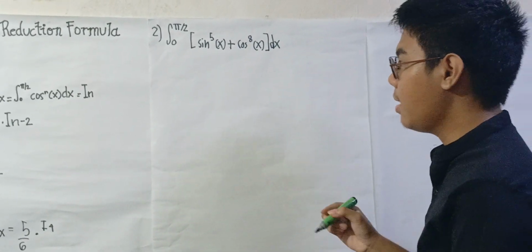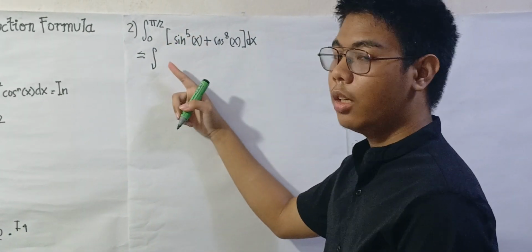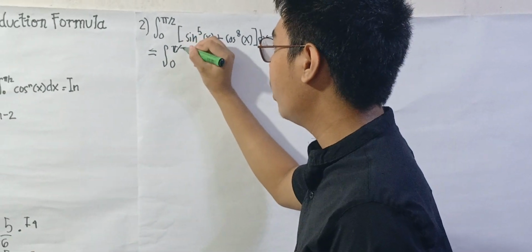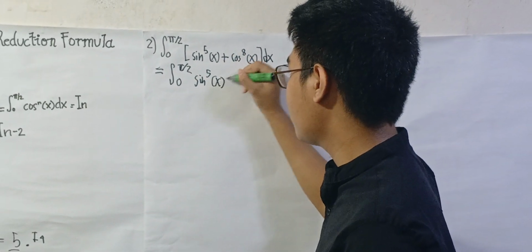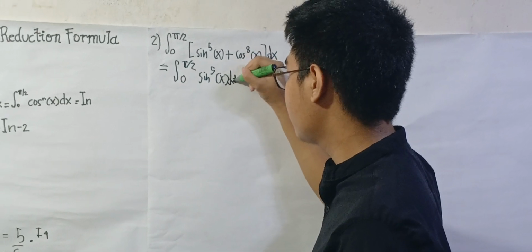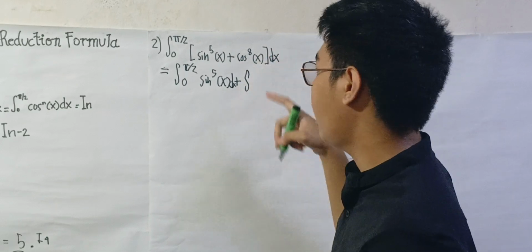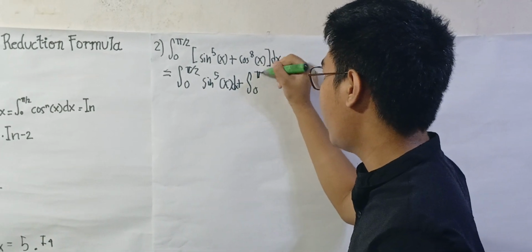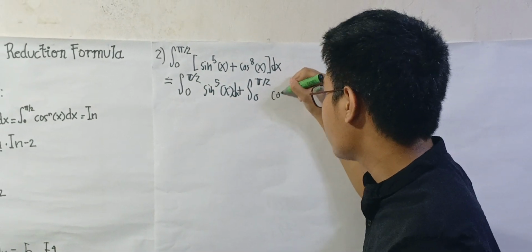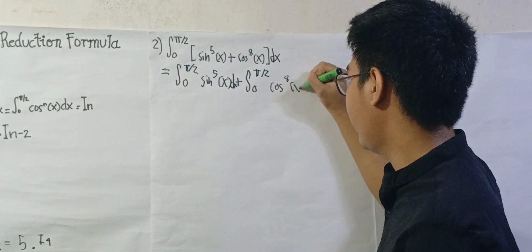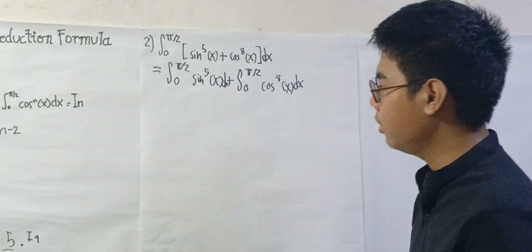We can rewrite it as the integral from 0 to pi over 2 of sine to the 5th power of x dx plus the integral from 0 to pi over 2 of cosine to the 8th power of x dx. Then we solve both separately.